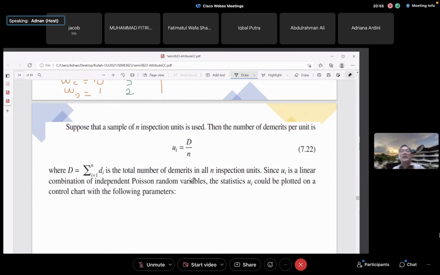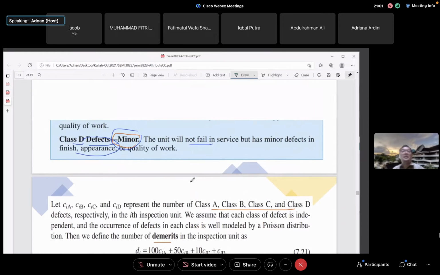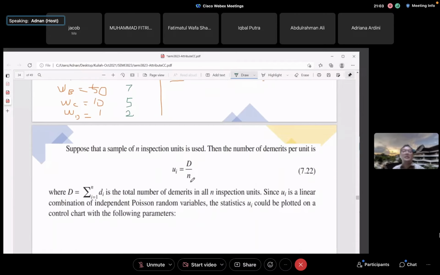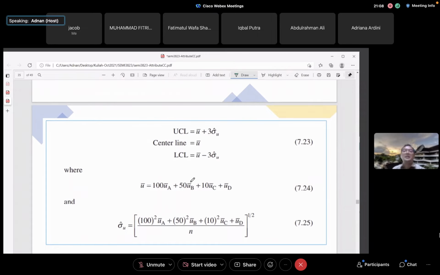All right. So to get the U, in this demerit, our chart will look like this. This is the chart for the demerit chart. In the demerit chart, we still use U as central line.